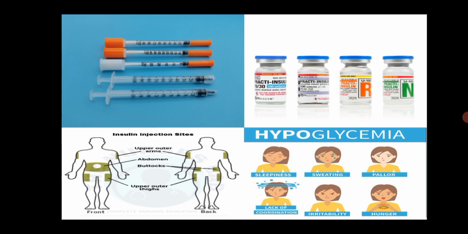Which insulin can be given as IV? Exactly. Regular insulin. Then if they ask you which insulin is cloudy, the answer is NPH insulin. Then if they ask you which site has the fastest absorption, the answer is abdomen.